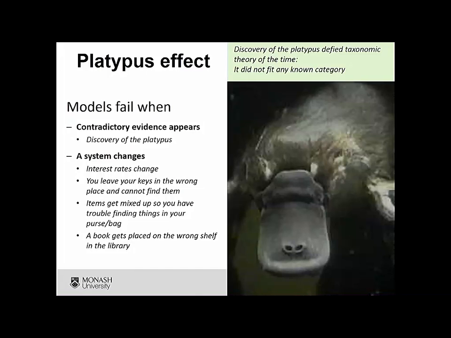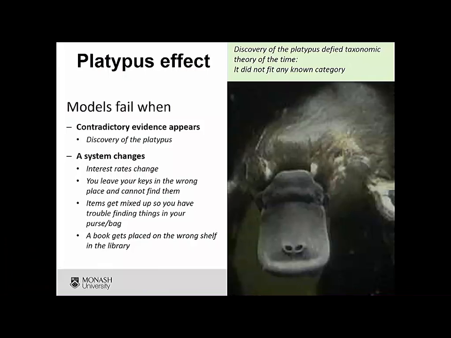And models can fail when a system changes. So you might have a very good model for your repayments, and then the interest rate changes and it's completely wrong, because the rules have changed in some sense. Or the model of how you're going to work changes because you leave your keys in the wrong place, so it changes all your plans.